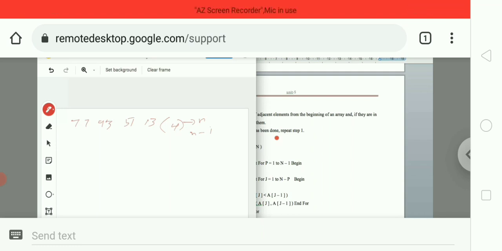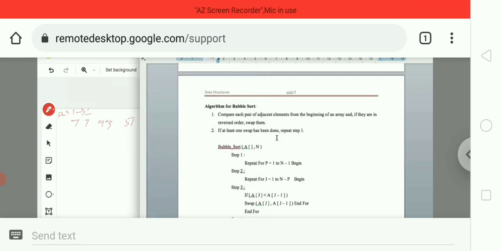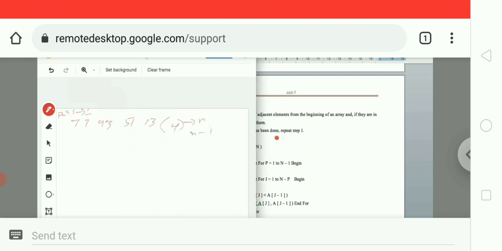We have 77, 43, 51 and 13. In the first iteration, let it be called pass 1, we have to compare 2 elements. In the algorithm, we compare each pair of adjacent elements, so a pair means 2 elements. Let us compare these 2 elements. Here 77 is greater than 43.